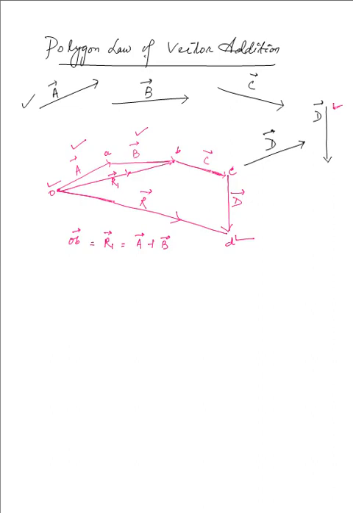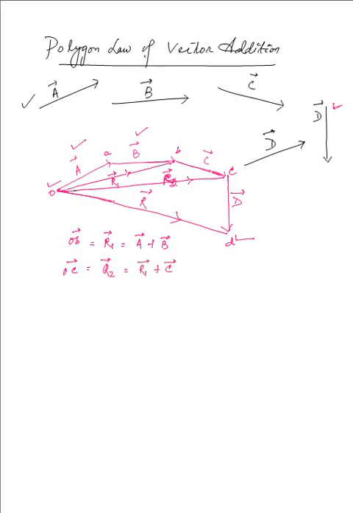So now we can consider another resultant which is taken right from O to the point C, and that is the R2 vector, which is the resultant of R1 and C vector. So we have OC vector, which is equal to the R2 vector, the resultant of R1 plus C vector.